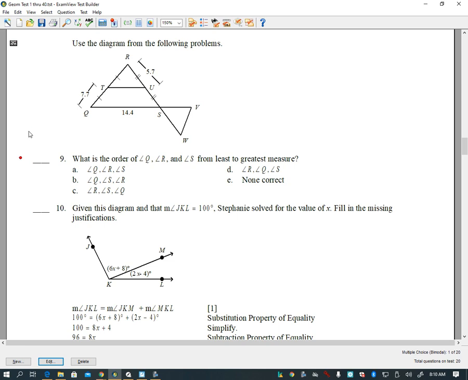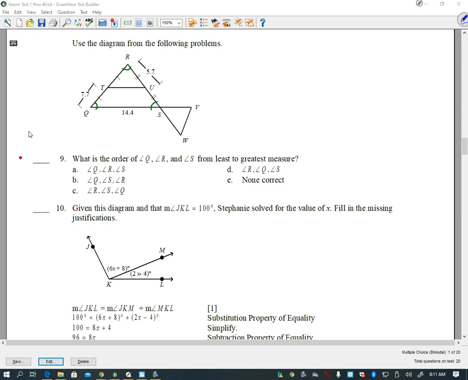So Q, R, S, least to greatest. Okay? Now, this is what you need to understand. The longer the side, the larger the angle that's opposite of it. The smaller the side, the smaller the angle that's opposite of it.